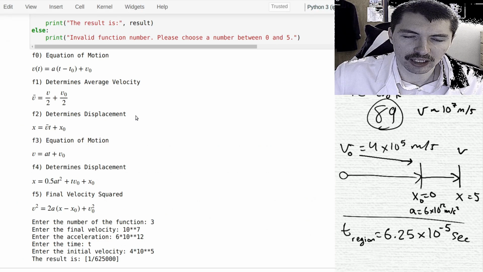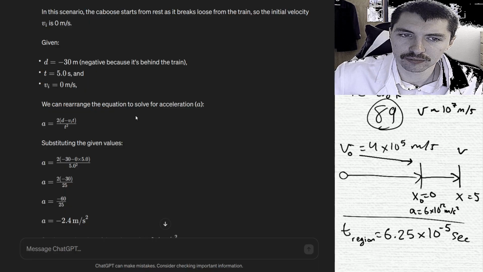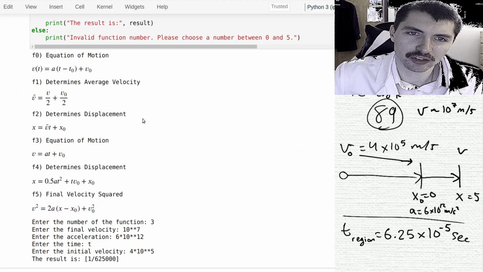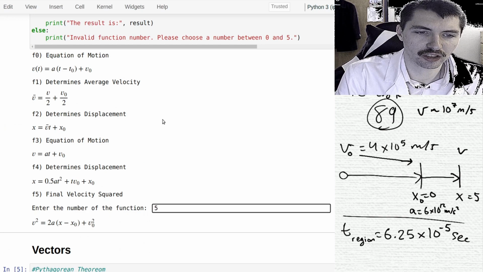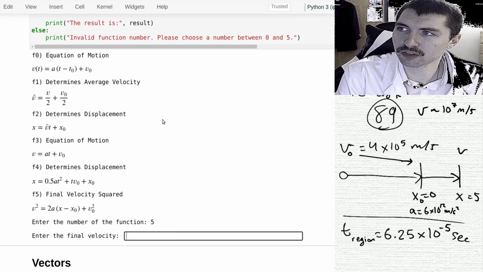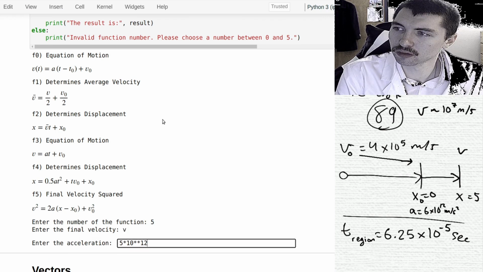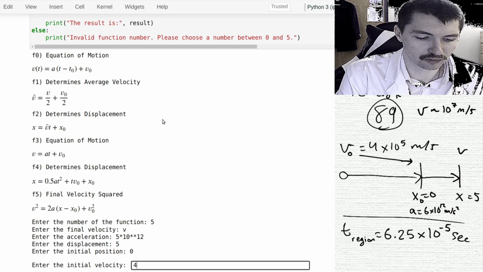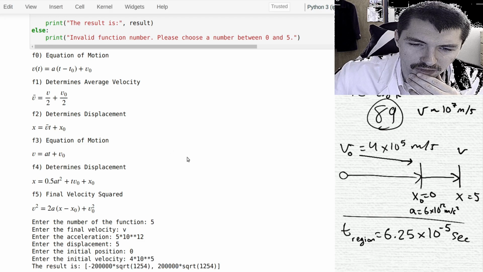I remember our last answer was off, thinking maybe we messed up the scientific notation. Let's try equation 5 again. So we had final velocity as what we solved for. Okay, so now we're getting a different number, 200,000.